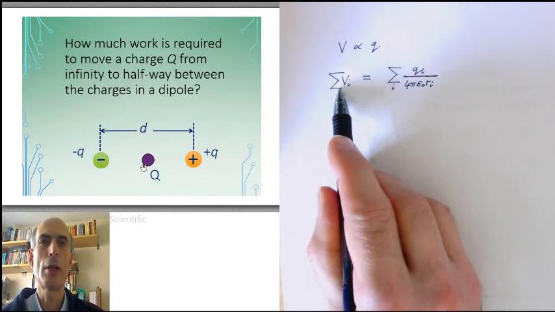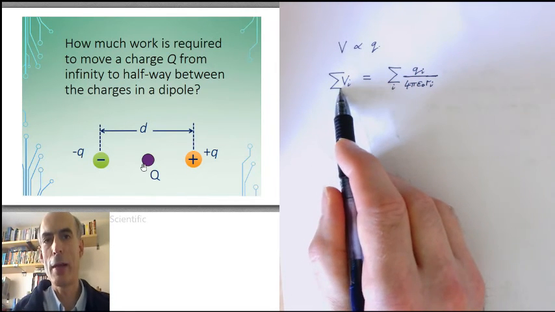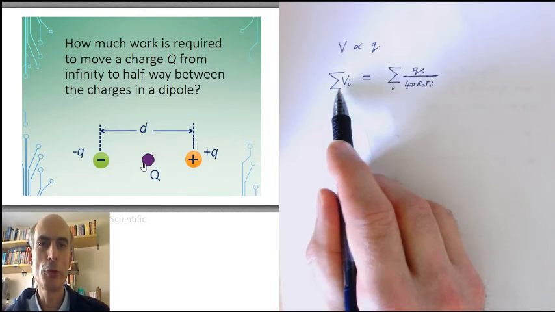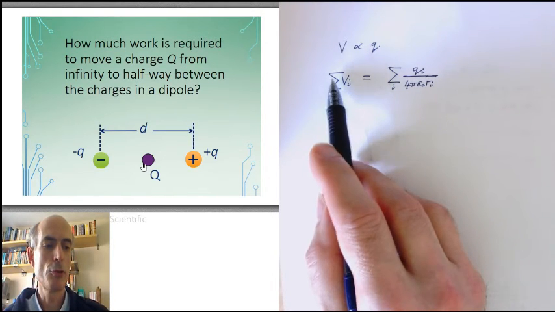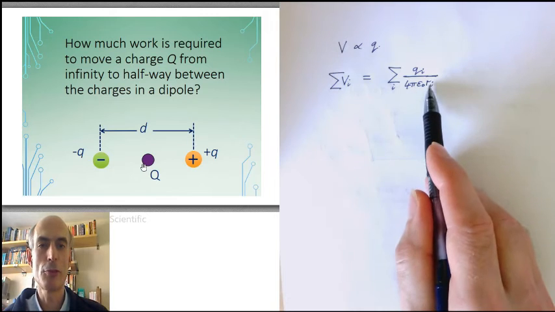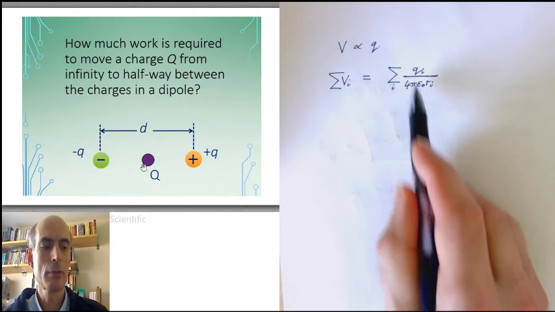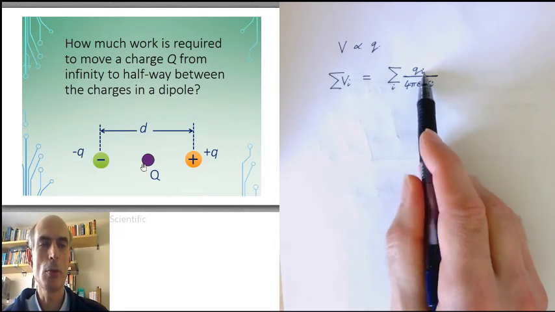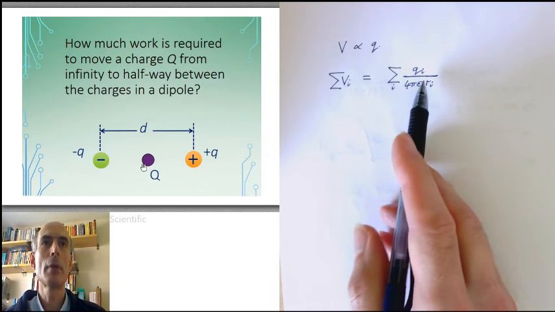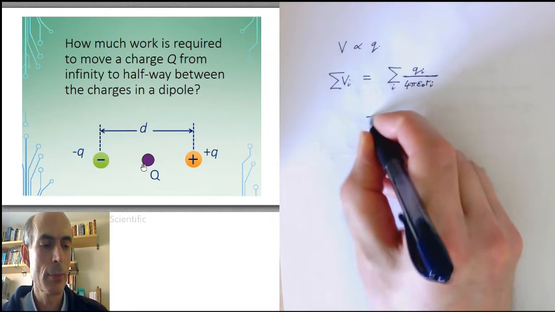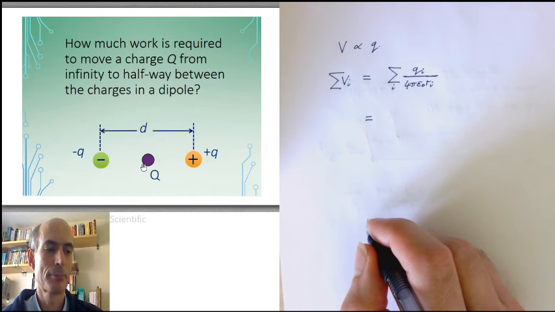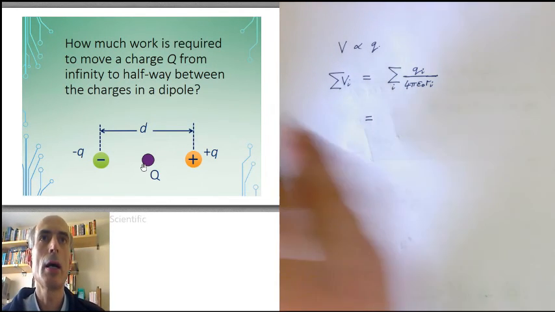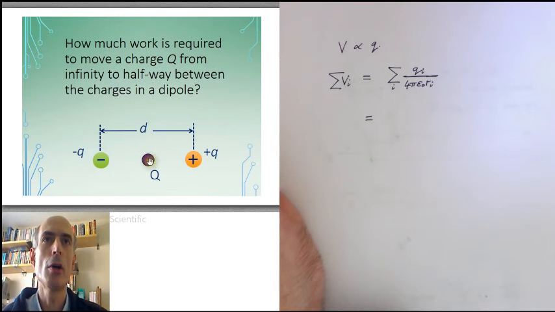And the total potential is the total amount of energy that it would take me to move a unit charge from infinity to a point, a distance Ri away from all of the charges Qi. Here I've got 2 charges, a positive charge and a negative charge. So I'm a distance d over 2 away from each of these charges.